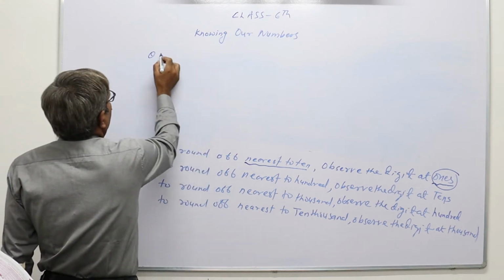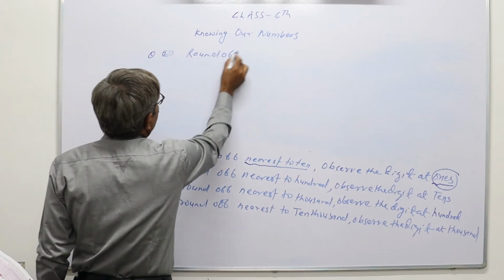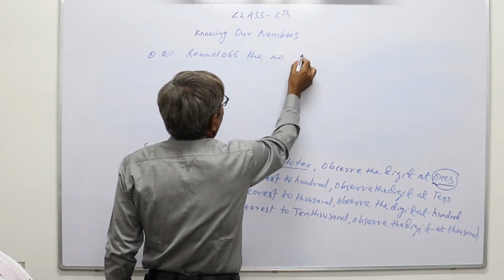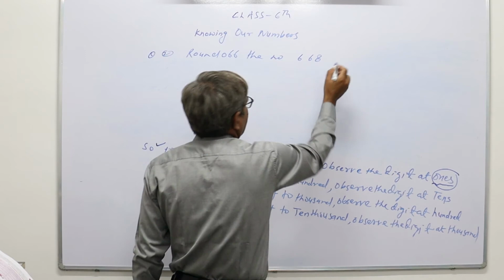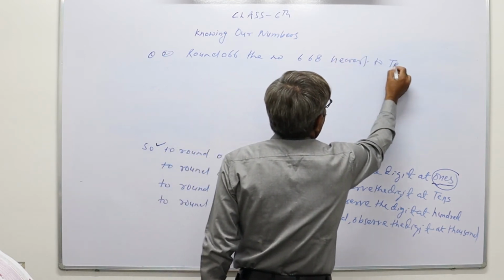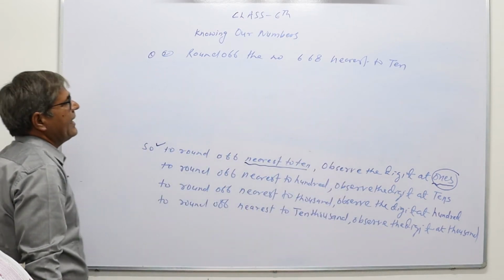Question number two: round off the number 668 to the nearest 10. How will we round off to the nearest 10?